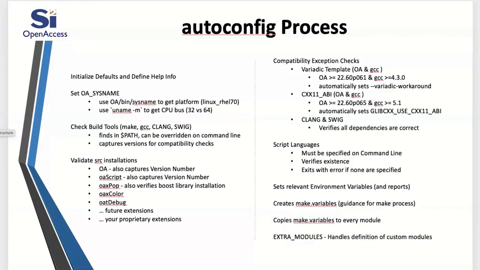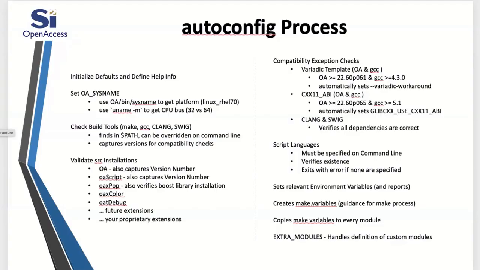Another comparison is for the version of Clang and Swig, and it verifies that all the dependencies are correct for building the Swig wrappers, which is an option. And then it checks to see whether you specified script languages. And if you haven't specified any, then it'll exit with an error message explaining that you have to specify some script languages.